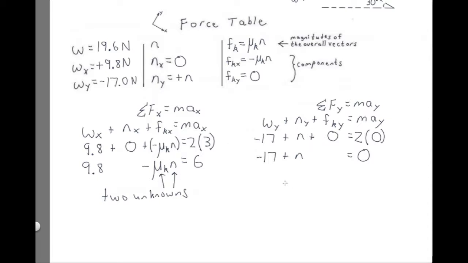How about the y equation? The y equation has only 1 unknown at this point, only little n. So it looks like we need to start by solving the y equation for little n. The problem's not asking us for little n, but then we could substitute little n into the x equation and then solve the x equation for mu sub k. So that gives us a plan for solving the problem. To determine which equation you need to work with first, count the unknowns.